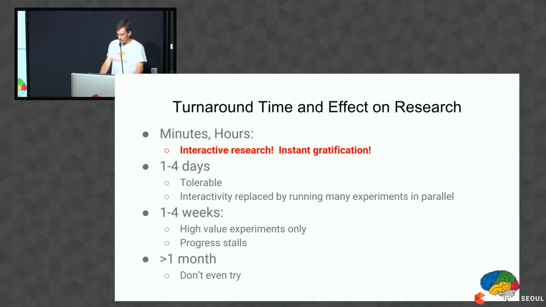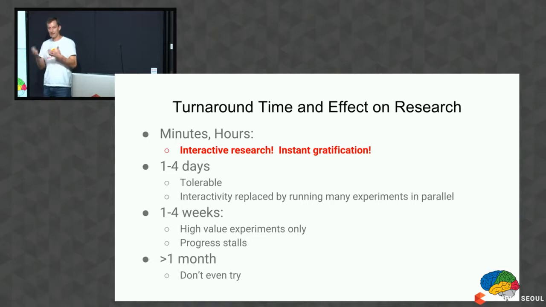Okay, so one of the things we really care about is being able to make progress quickly in these kinds of domains. So we want to be able to train models quickly, understand what worked well, what didn't, and figure out what the next set of experiments is that we want to run. And there's a very different feel for that cycle if you're in the minutes or hours end of the spectrum than if your experiments take many weeks or months.